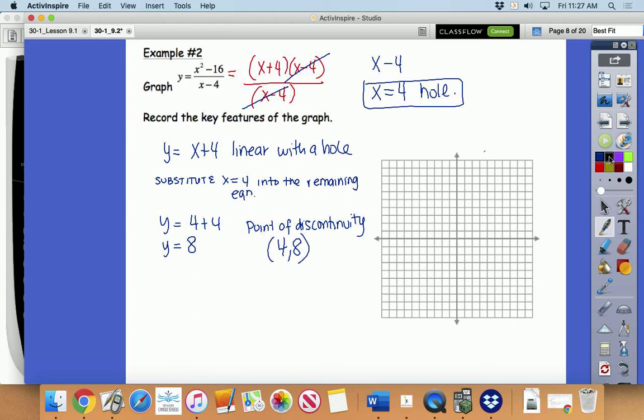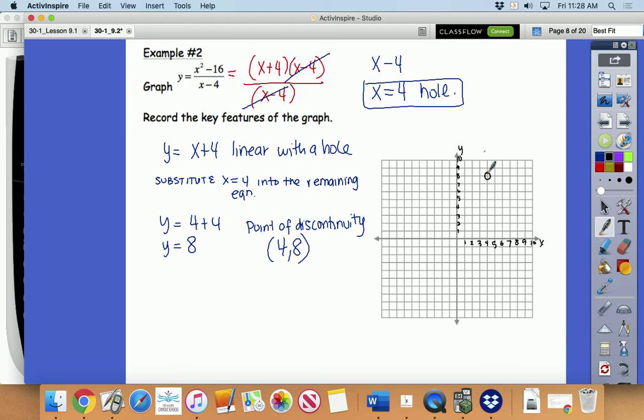So what I'm going to do is I'm going to go to my graph here, and I'm going to label 1, 2, 3, 4, 1, 2, 3, 4, 5, 6. At (4, 8), I'm going to put a hole where a point should go, right there. And then I'm going to graph my linear function of x plus 4.